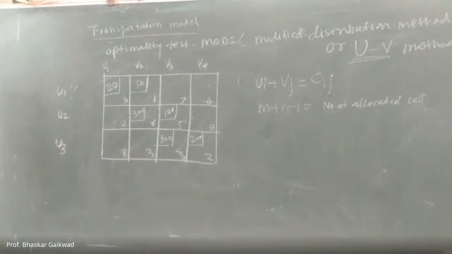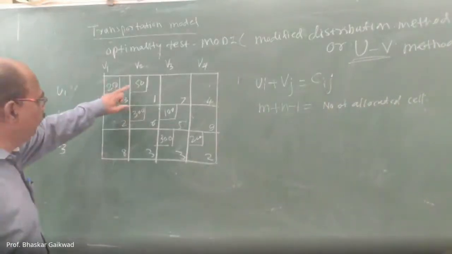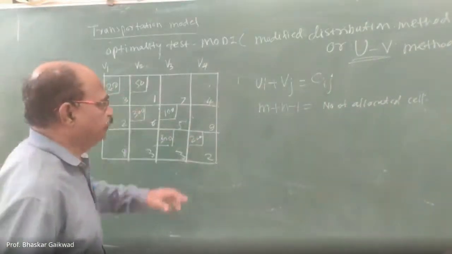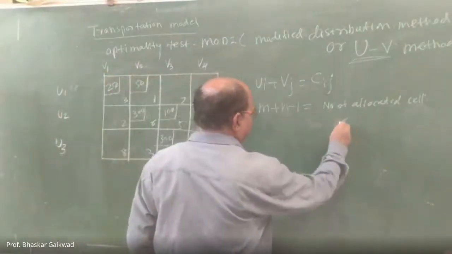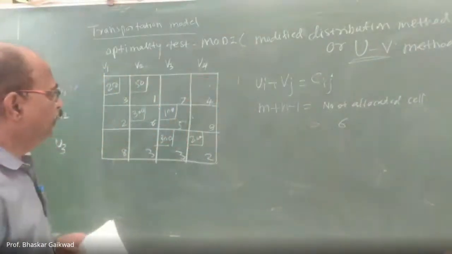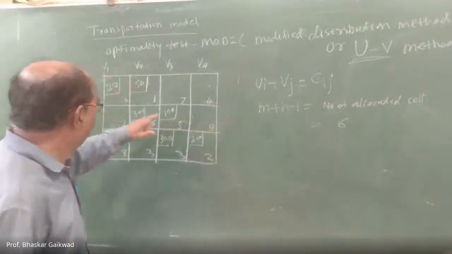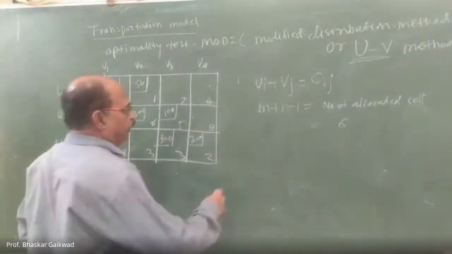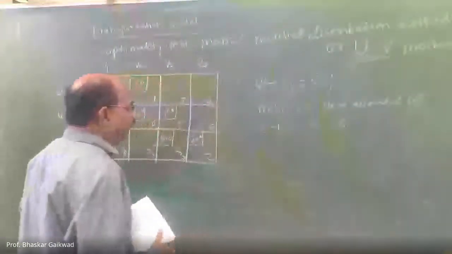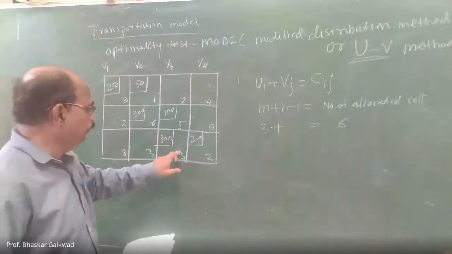So how many cells are there? Here the allocated cells are 1, 2, 3, 4, 5, 6. So here it should be 6. Correct. Now the number of rows is 1, 2, 3. Number of columns 1, 2, 3, 4.